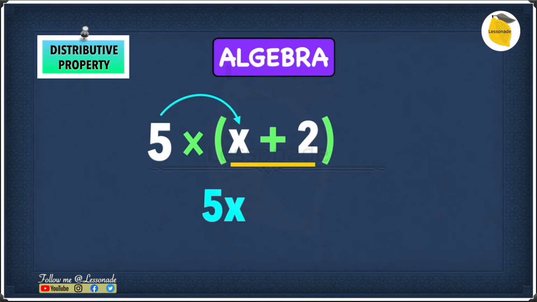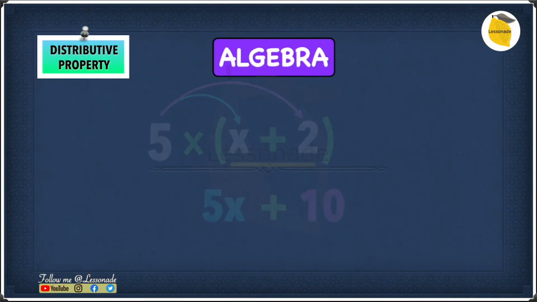If you're wondering why we are multiplying, the question is 5 times brackets x plus 2, so we multiply the 5 to each individual term in the bracket. 5 times x gives 5x, and 5 times 2 gives 10. So we get 5x plus 10.